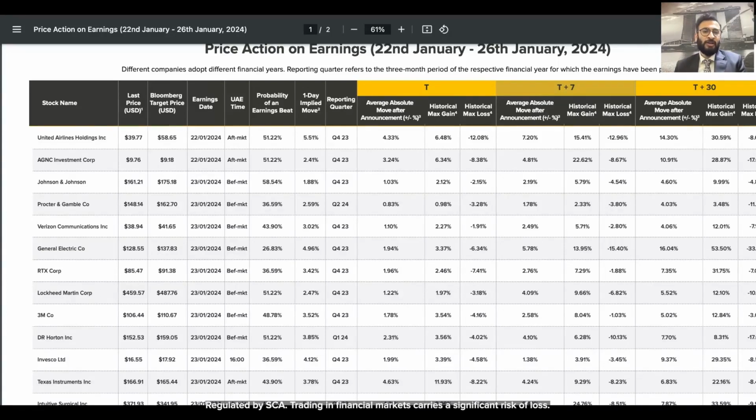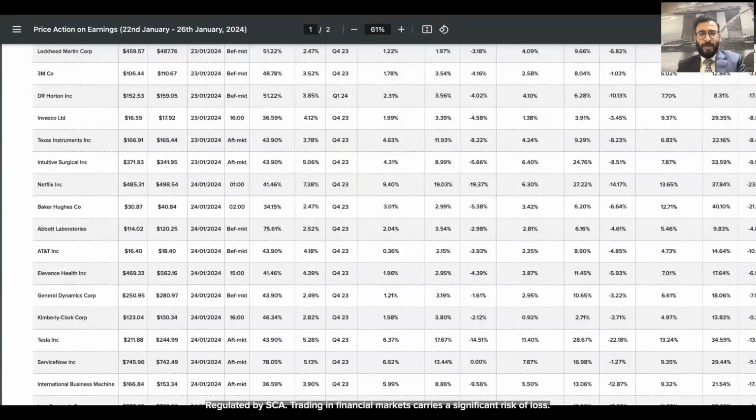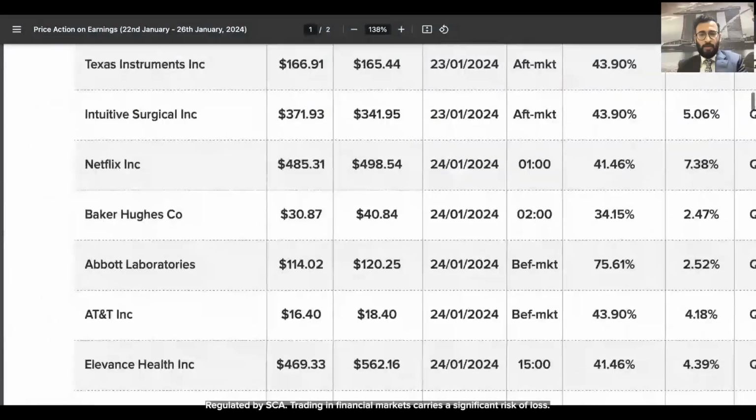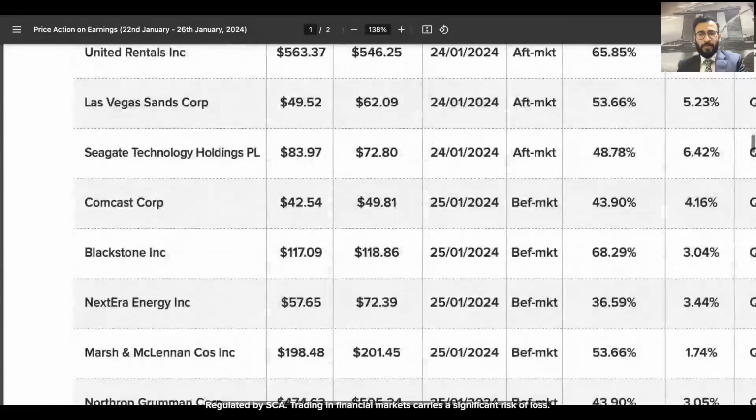As we speak, the earnings are already in progress. Using this flyer itself, I'll scroll it down. Today is 25th, so you look at the date right here: 24th, 24th, 24th, and this is 25th.